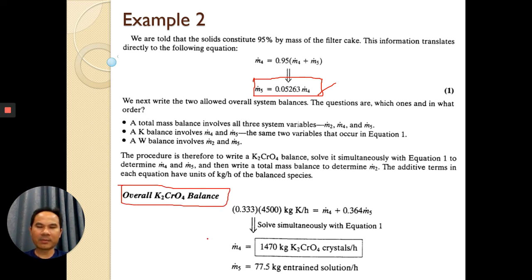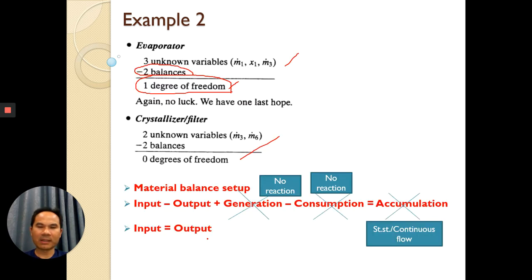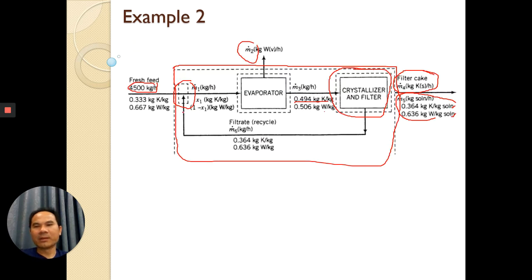Overall balance, you have to balance based on potassium chromate. Okay, the feed, we have one feed. The potassium chromate, in the feed we have 0.33 kilogram potassium chromate per kilogram total multiplied by 4,500 kilogram total per hour.